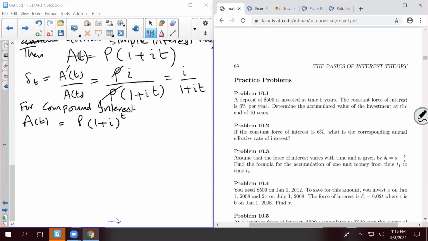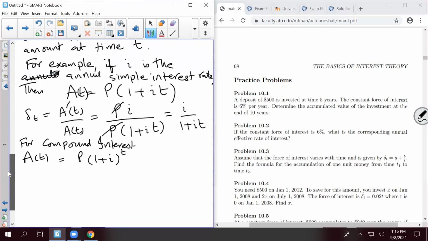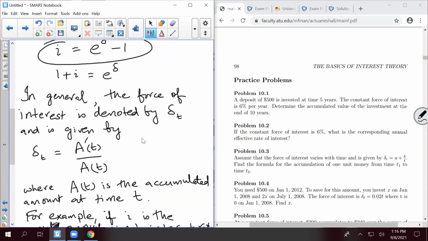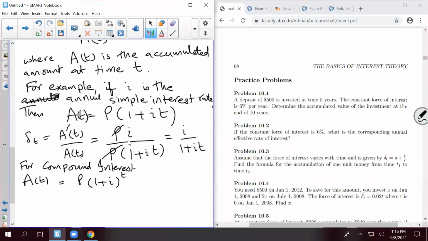So we have this relationship, i is equal to e to the delta minus 1, or we can also say 1 plus i is equal to e to the delta, isn't it? So here, replace 1 plus i with e to the delta: a of t is equal to P e to the delta t. If you have the annual compound interest, you will use this expression. If you have the force of interest under continuous compounding, you will use this expression.